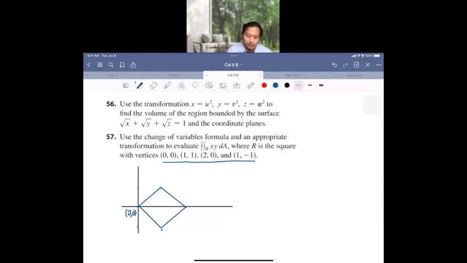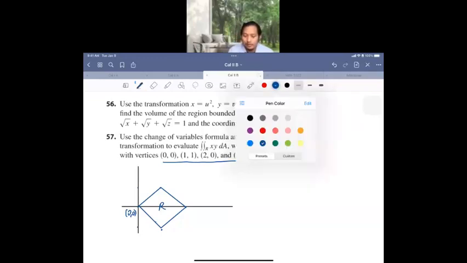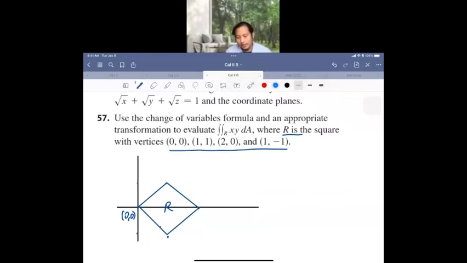At least we have the region R, the square. Now to make our computations simpler, let me name all the points: 1, 1, 2, 0, and 1, -1. And you may see that this is y equal x.